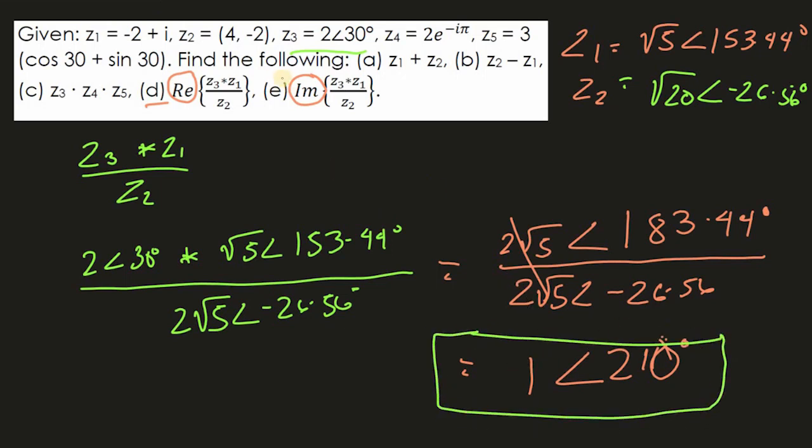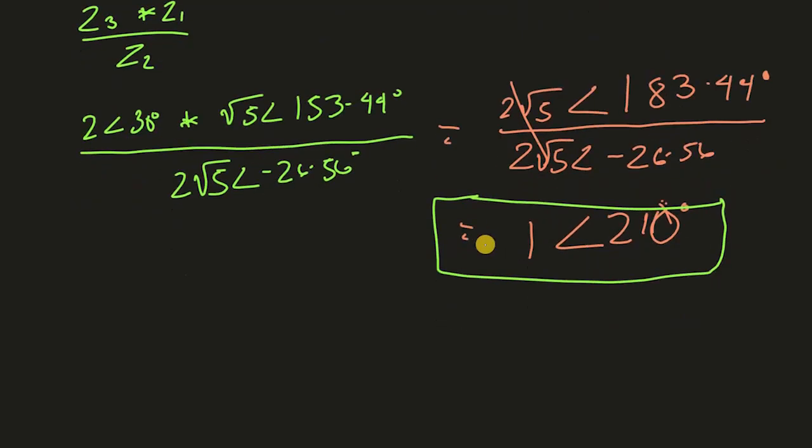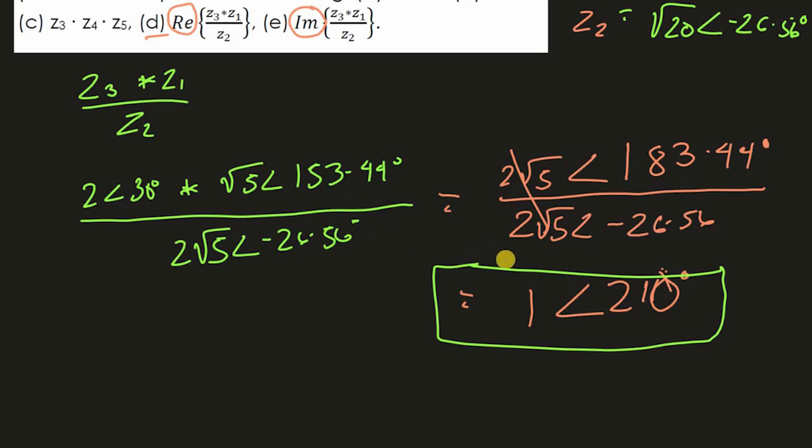Okay, now, ang tinatanong niya sa atin is the real part. So to find for the real part, we just need to convert 1 angle 210 into a rectangular form. Since our r is 1, our angle is 210, converting this to rectangular form, x is equals to r cos theta. Ang r natin is 1 times cosine of 210.